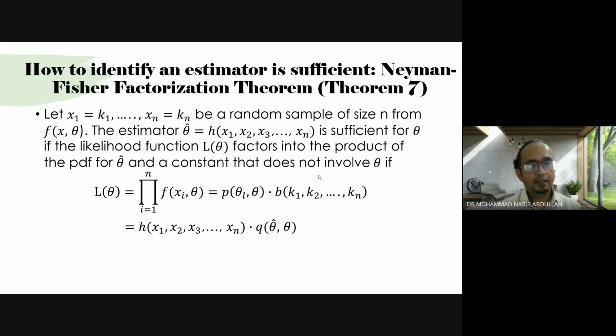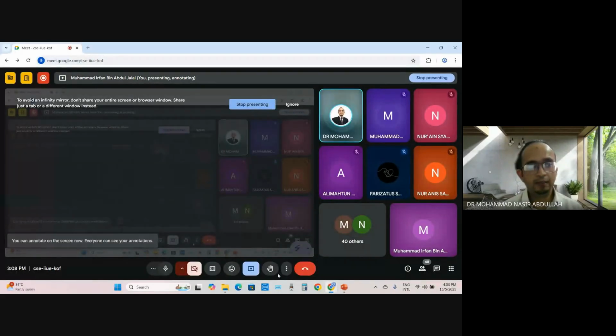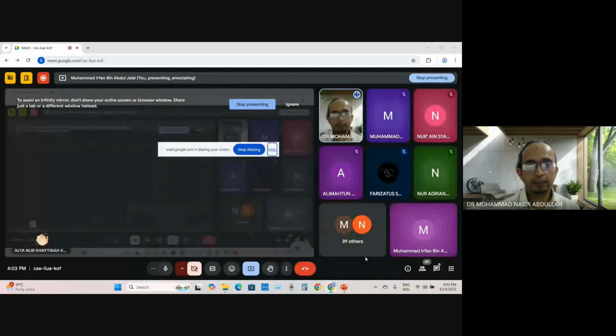Okay, we have come to the end of the session. Thank you very much, Dr. Muhammad Irfan. And thank you all for joining today's collaborative teaching session on properties of good estimator under STA 256 Mathematical Statistics 2. It has been a privilege to moderate this session.